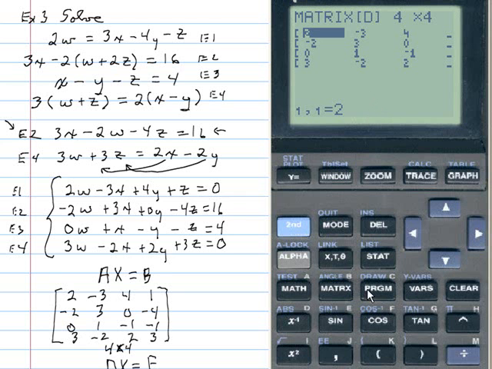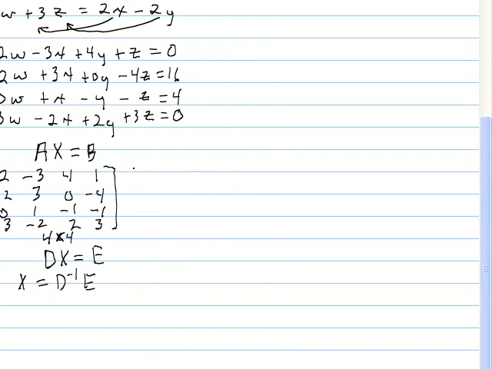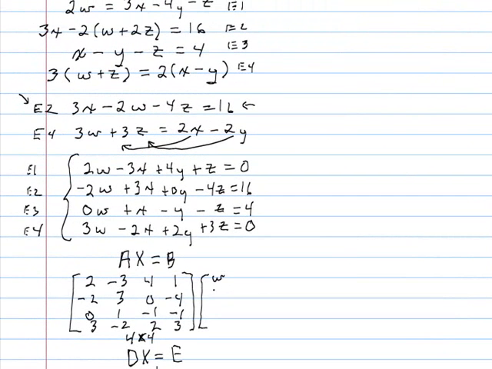Let's see if I put the constant matrix into E. I'll go matrix, edit, E is 5. Yes, I put in the 4 by 1. Let me put in the X matrix here. Our variables are W, X, Y, Z, and our constants are 0, 16, 4, 0.